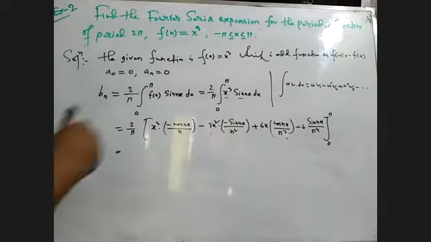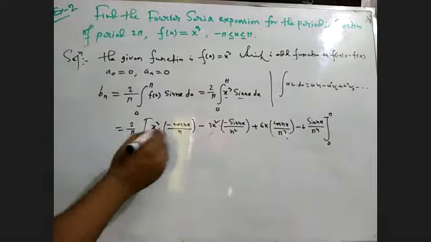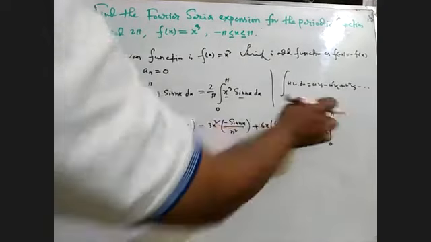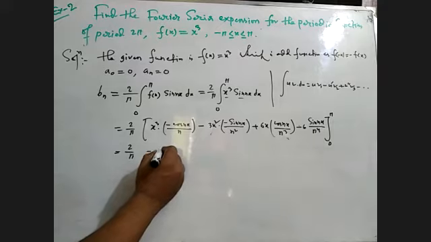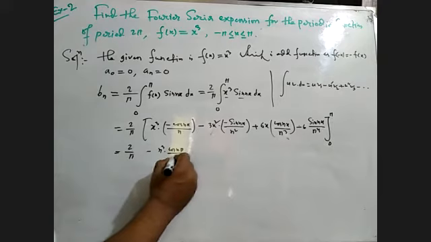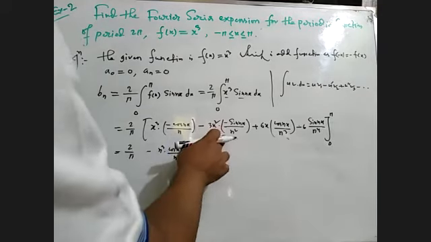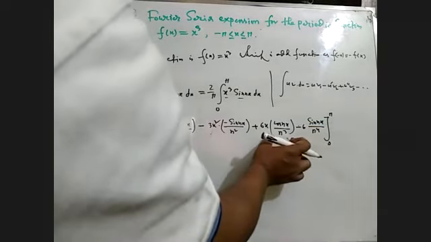Now putting the upper limit pi, 2 divided by pi. So after putting we get minus pi cube cos n pi divided by what? n. Now sin n pi means 0. You must know sin n pi is 0. So this also 0 for x equals to pi.